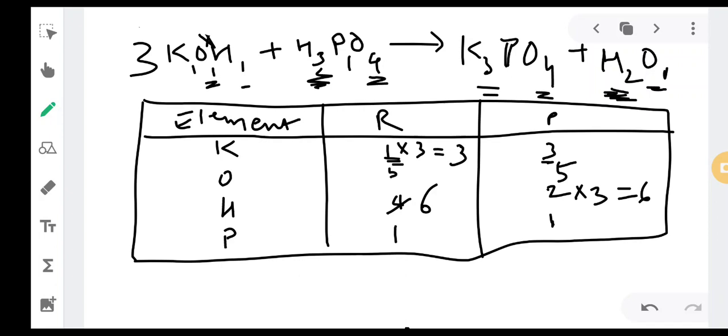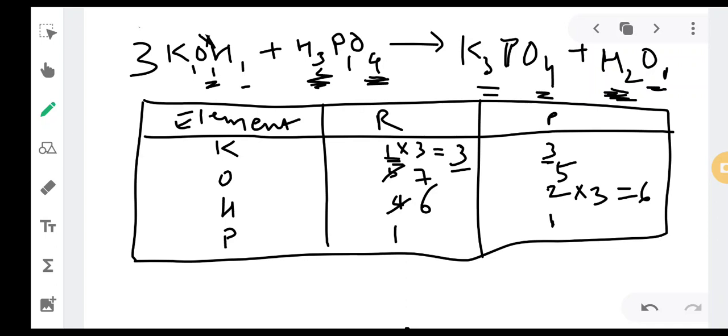There are 3 atoms of potassium on the left hand side and 3 atoms of potassium on the right hand side. Now we will check oxygen. For oxygen there are 3 atoms over here, 1 into 3, so 3 atoms in the first reactant and 4 atoms in the second reactant. So a total of 4 plus 3, 7 atoms of oxygen.